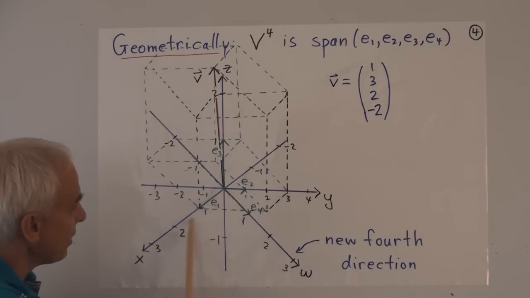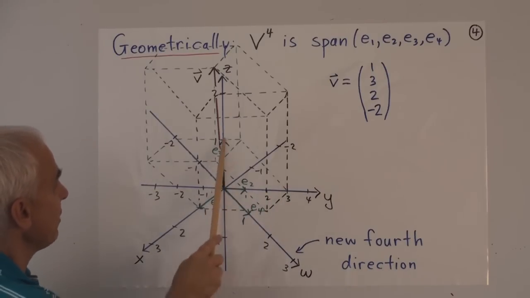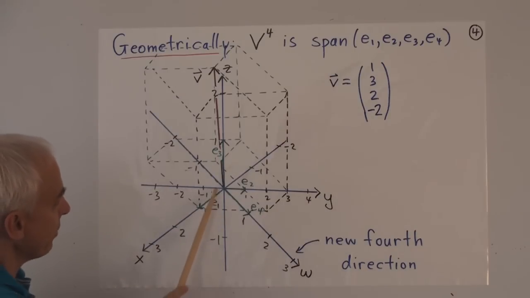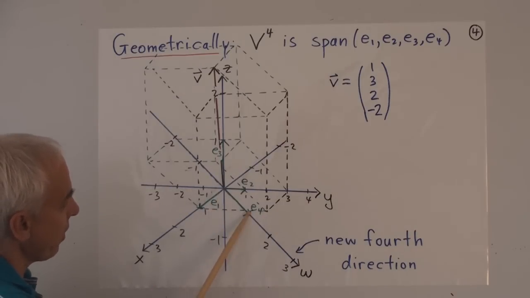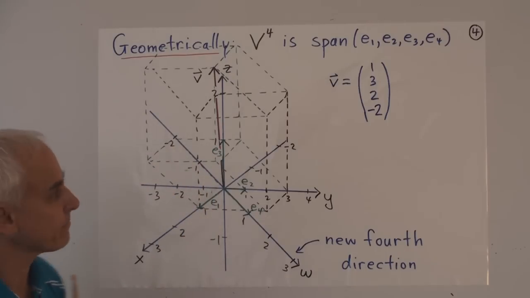So we're adding different components in different directions. We're adding 1 times the vector E1, 3 times the vector E2, 2 times the vector E3 up here, and minus 2 times the vector E4, which is where? Now that's E4, then that's minus E4, and that's minus 2E4.